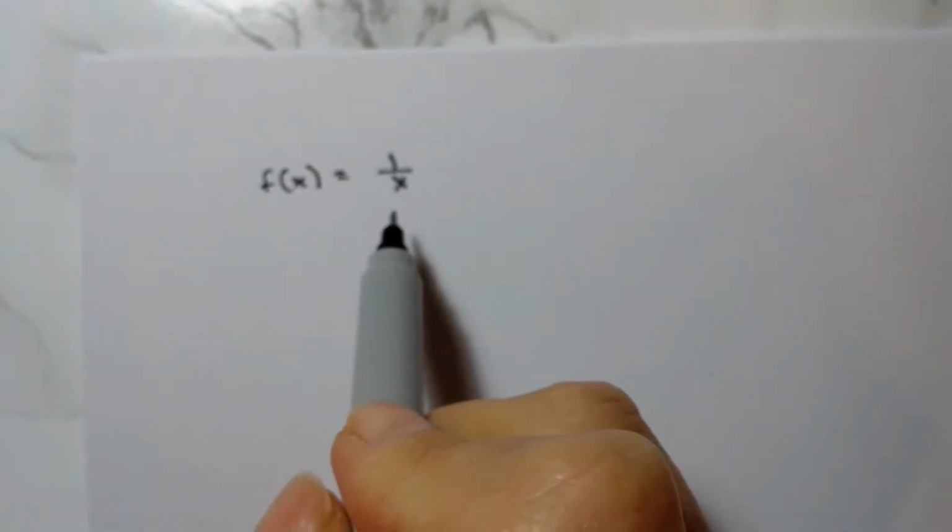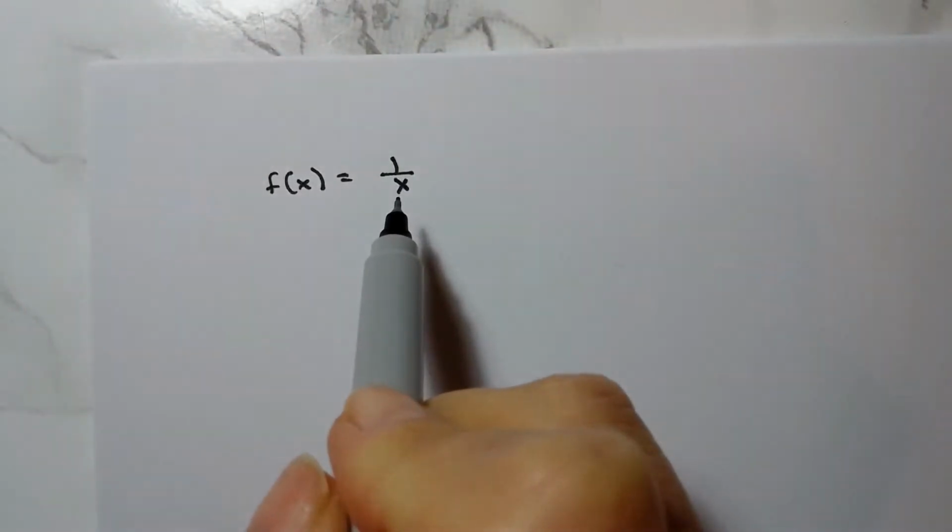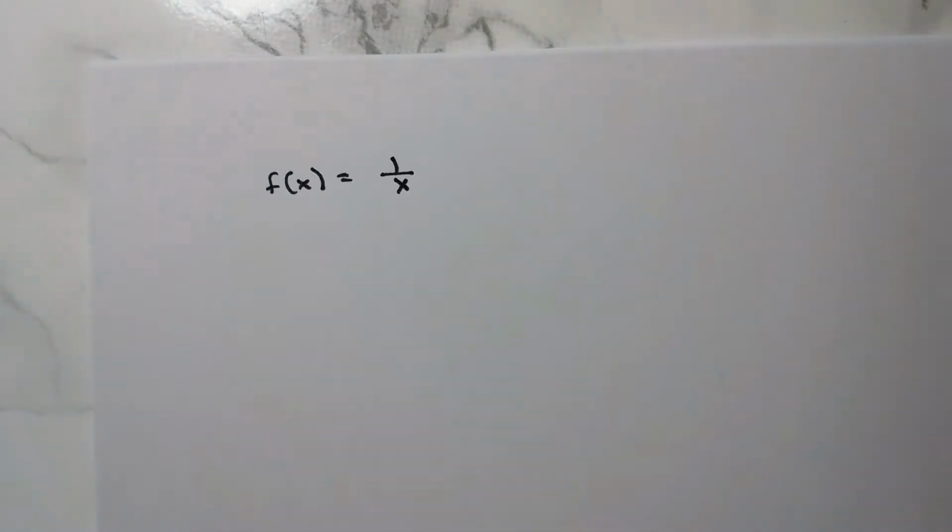We know we're going to have a vertical asymptote at x equals 0. To find vertical asymptotes, we set the factors of the denominator equal to 0 and solve, and those give us our vertical asymptotes.